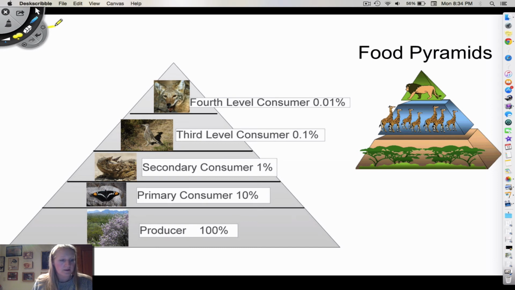Okay, so food pyramids show how much energy moves from one feeding level to another.